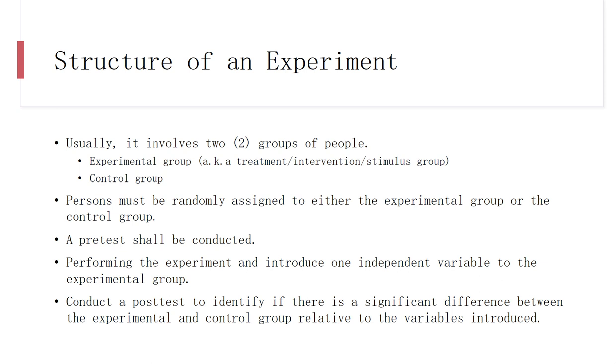The structure of an experiment involves two groups of people. Under normal circumstances, there is the experimental group and the control group, also known as the treatment, intervention, and stimulus group. This is the group that will be introduced to the thing that you are trying to identify, the things that you want to research about.